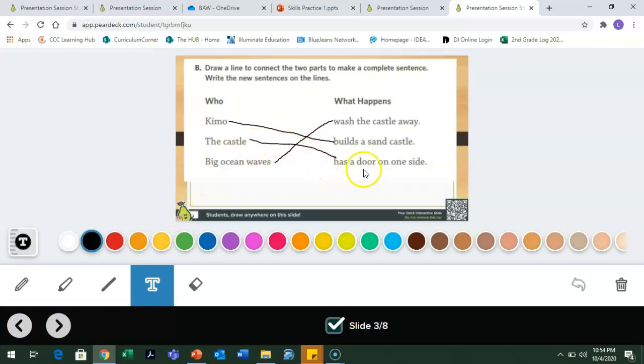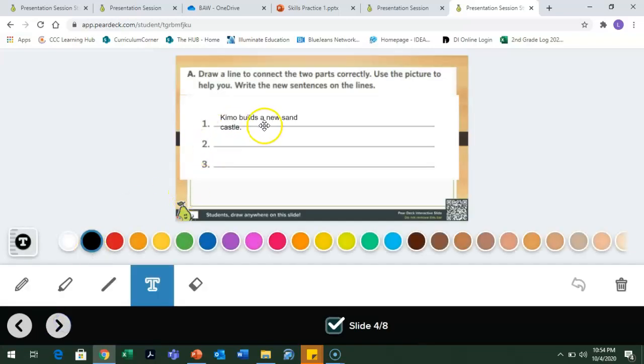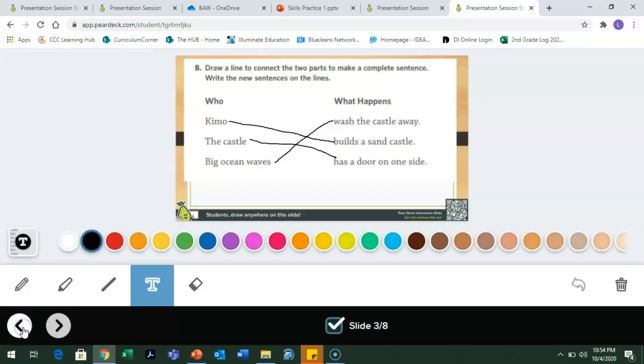The castle has a door on one side. Let's go to the next one. Oh, give me a second. I'm trying to make it longer. There you go. So I'm going to click. And it was the castle. If you don't remember, you can go back. The castle has a door on one side.